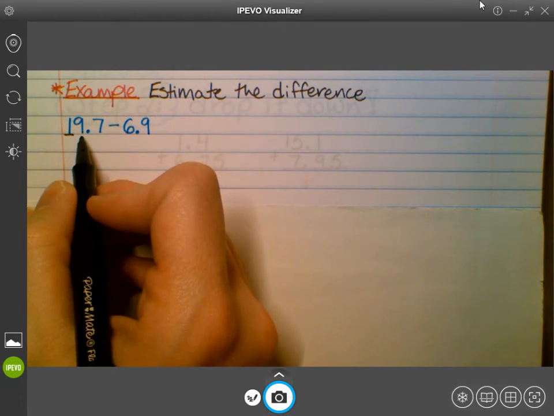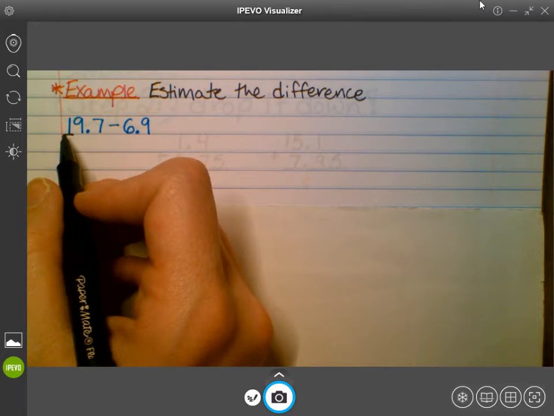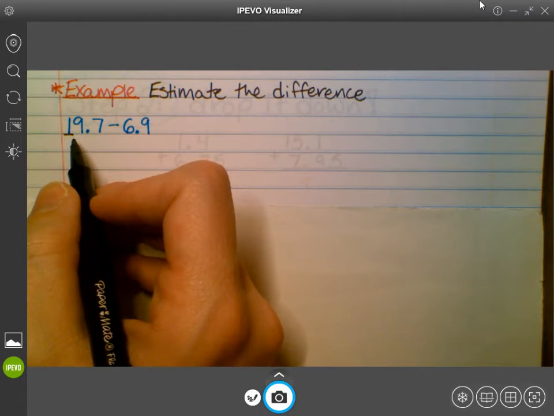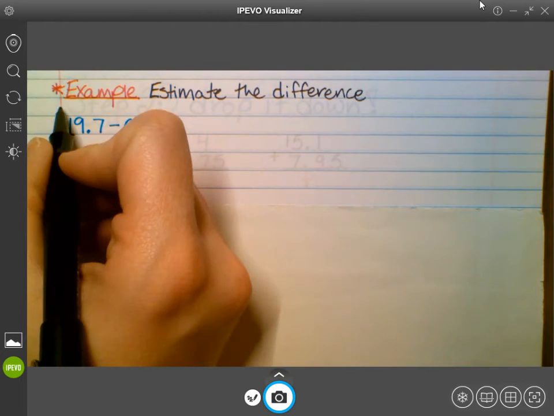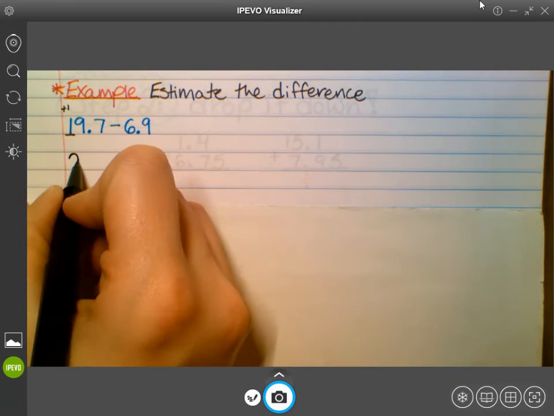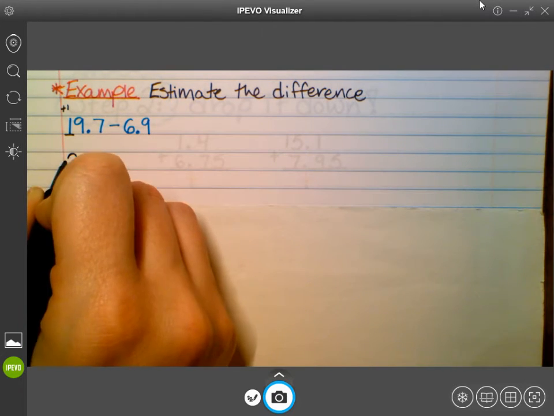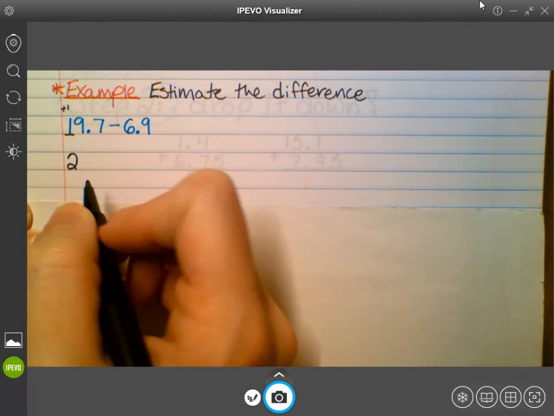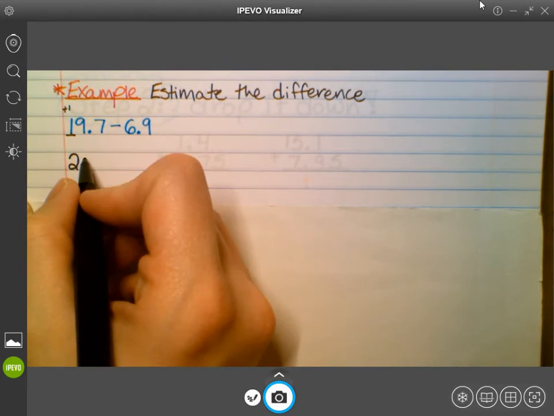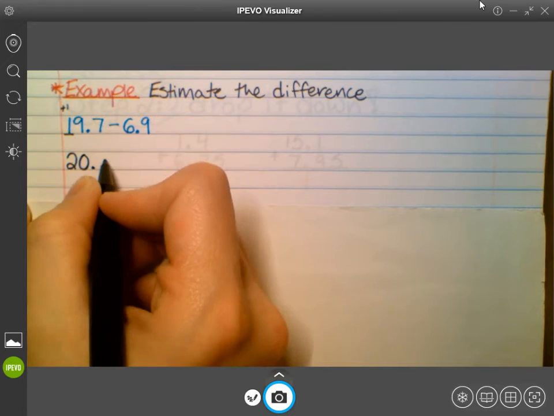What does that 9 tell me to do to the 1? Mackenzie? I have to add 1. Exactly. So if I'm adding 1 to 1, then it becomes 2. What happens to all the digits to the right? What do they become, Zoe? They become zeros.